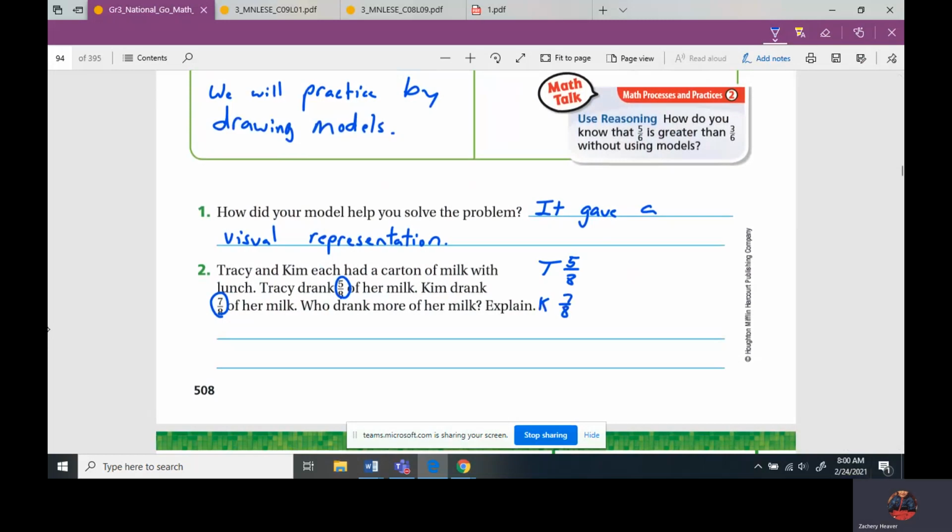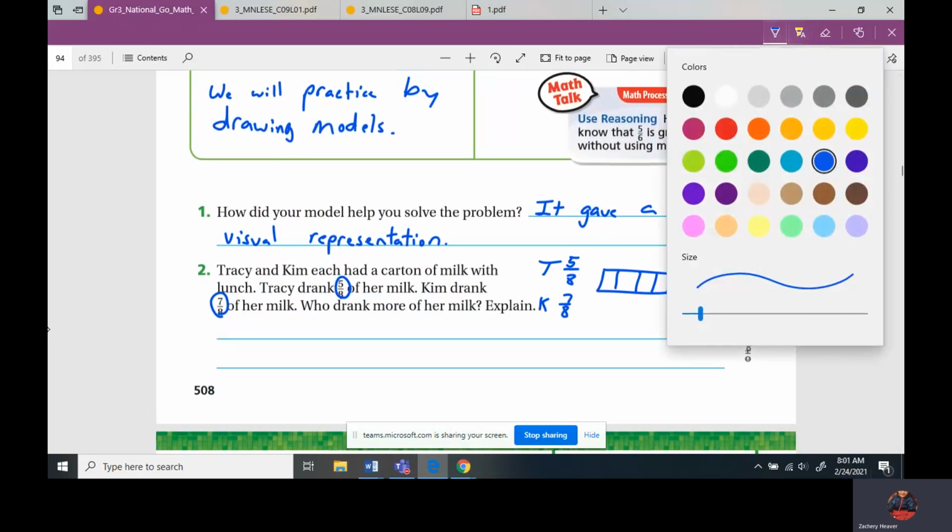They have the same denominator, which means we're going to state what the top number. Who has the bigger top number? It's going to be Kim. Because again, if we have the same model, I'm divided into 8 pieces. So it's 1, 2, 3, 4, 5, 6, 7, 8.